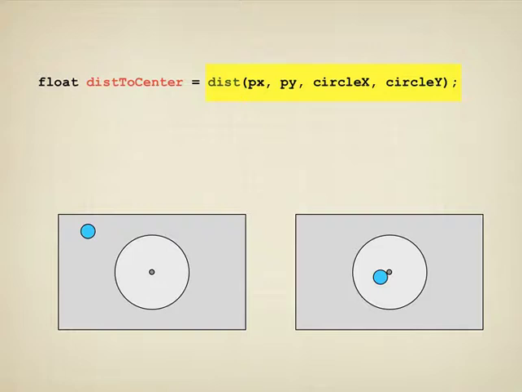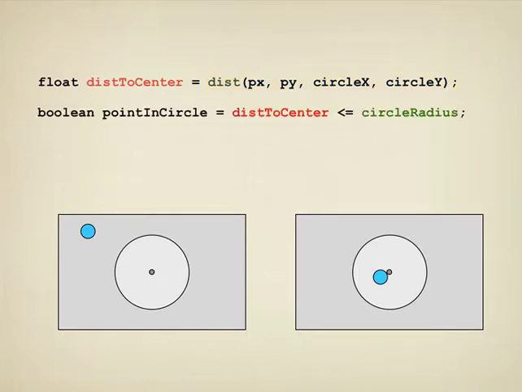So dist px py circle x circle y gives us back the distance between the point at px py and the center of the circle, circle x, circle y. And I'm writing that result in red because I was using red to show you that line. Now I'll compare that distance to circle radius. If the distance to the center is less than or equal to the radius, then point in circle is true.